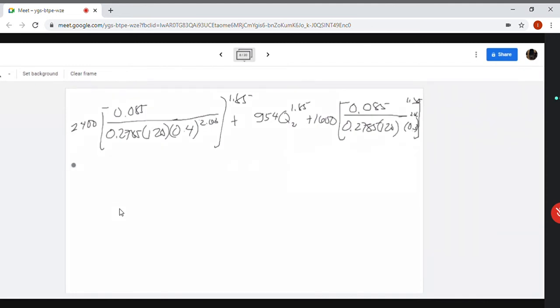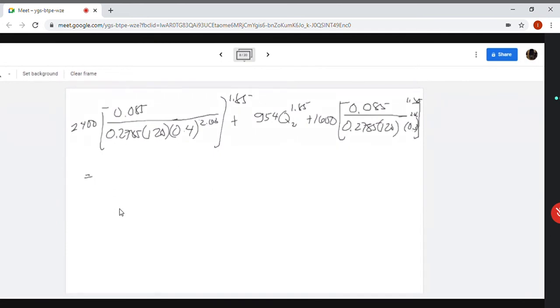Okay, so this is the total head loss. So 2,400 times 0.085, 0.2785, 120 times 0.4 to the 2.63 to the 1.85.